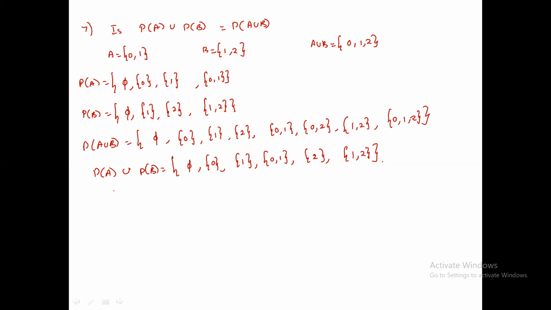These all are there for the power set of A union power set of B. That means we can see the power set of A union power set of B is not the same as the power set of A union B. So the given statement is false, not true.